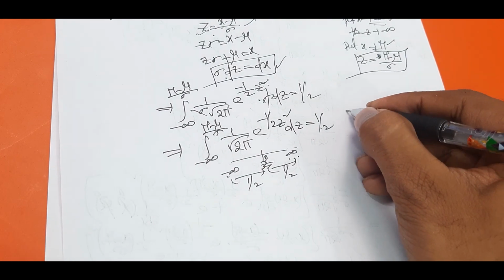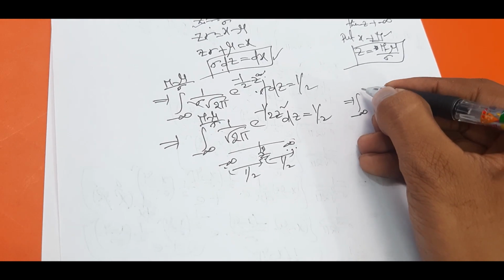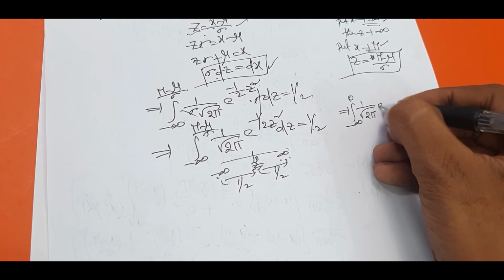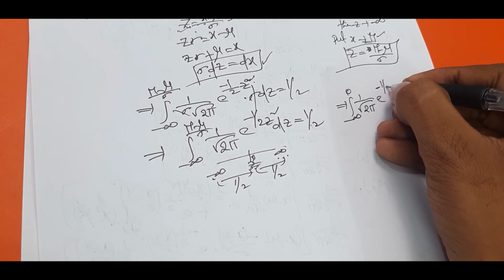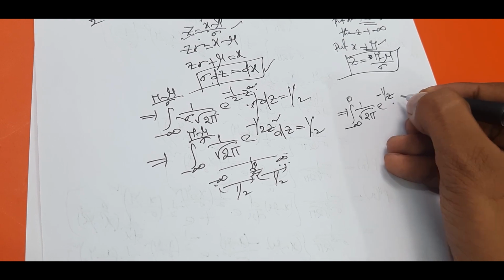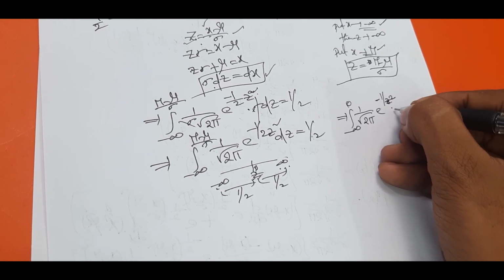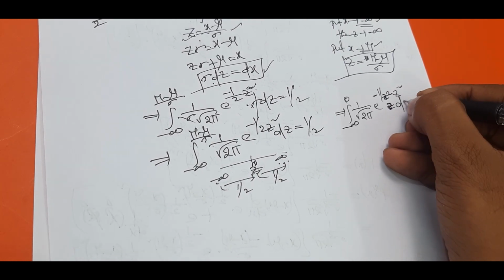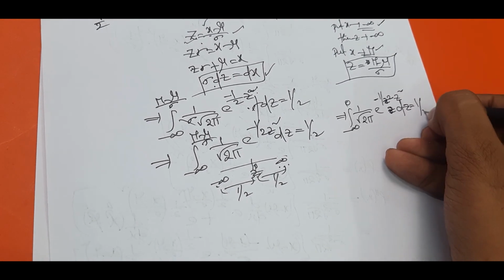This becomes the integration from minus infinity to 0 of 1 divided by root 2 pi e power minus 1 divided by 2 z square dz, equal to 1 divided by 2.